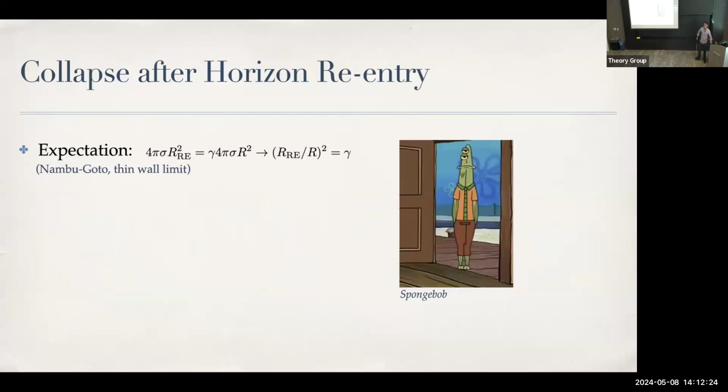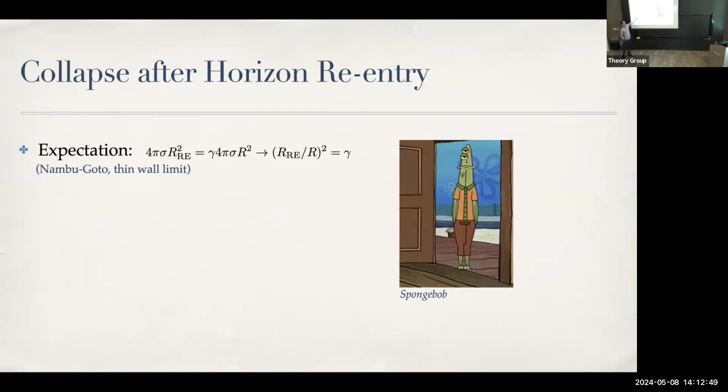Okay, so what happens to these walls once they re-enter the horizon? So what you normally would do, or you would expect, is to be able to use this Nambu-Goto approximation, which is known as the thin wall limit. In the thin wall limit, this Nambu-Goto equation, you expect that the energy of my wall, my mass per area times my area at re-entry, is equal to the energy of my wall later.